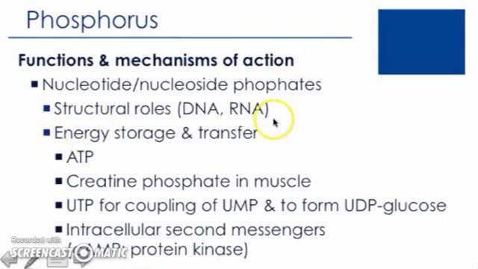For the structures as it relates to energy storage and transfer, we see that phosphorus is a component of the phosphate group of ATP. It's a component of the phosphate group in creatine phosphate. It's a component of the phosphate group in UTP, involved with the formation of UDP glucose, which is a compound involved in glycogenesis. Also, it's a component of intracellular second messengers such as cyclic AMP and protein kinases.